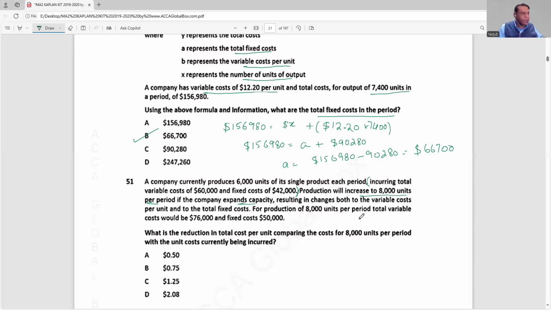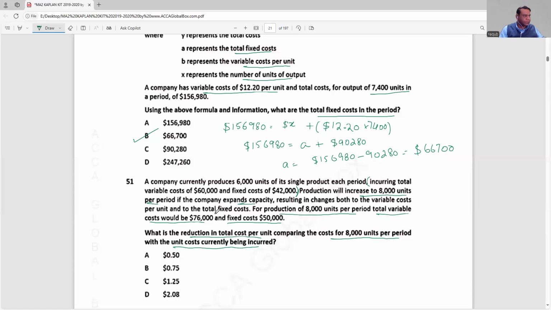For production of 8,000 units per period, total variable cost would be $76,000 and fixed cost will be 50,000. What is the reduction in total cost per unit comparing the cost for 8,000 units per period with the unit cost currently being incurred?